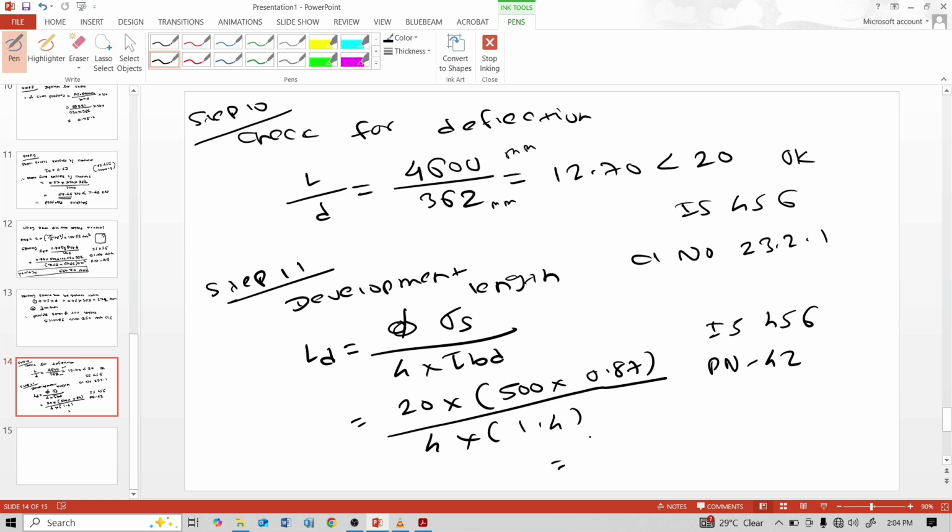Calculate this: 20 into 500 into 0.87 divided by 4 into 1.4. Our value comes 1554 mm. This much development length needed for detailing.